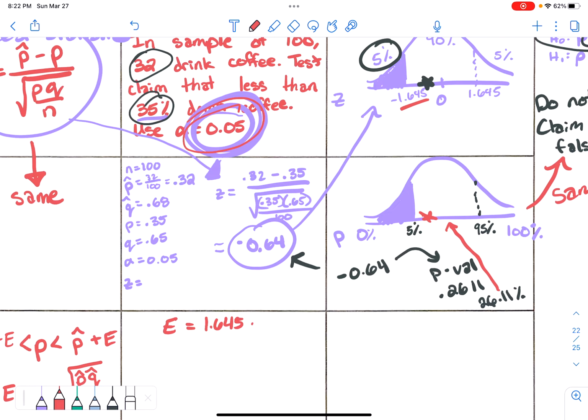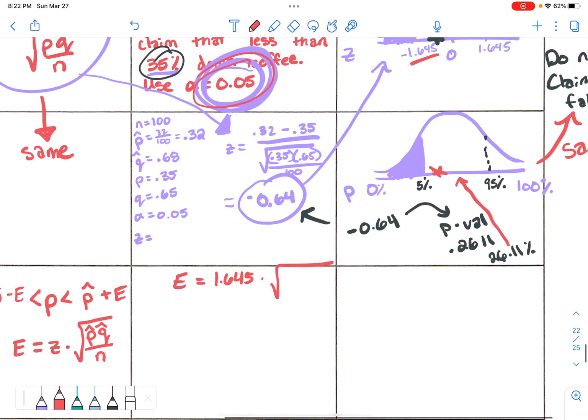So 1.645, and then we've got the square root of p hat, which is 0.32, q hat is 0.68, and n is 100.